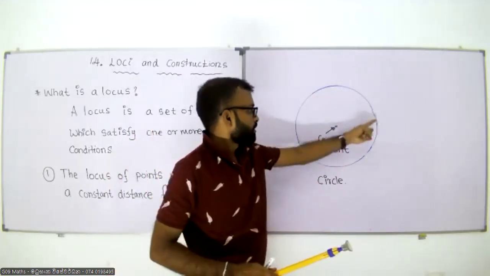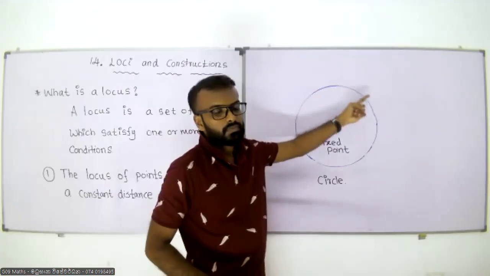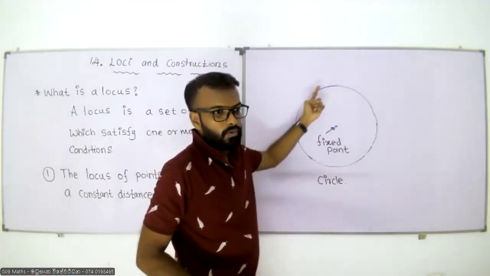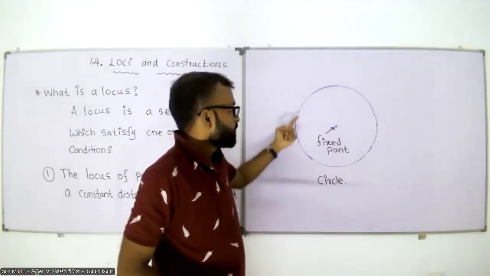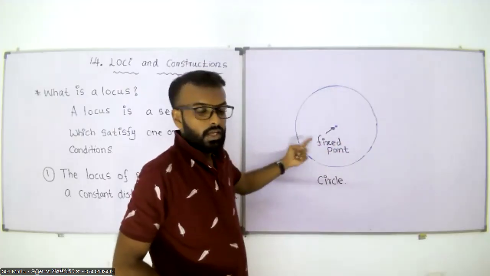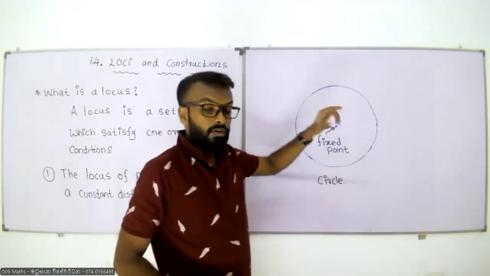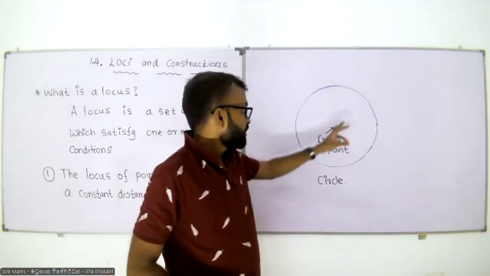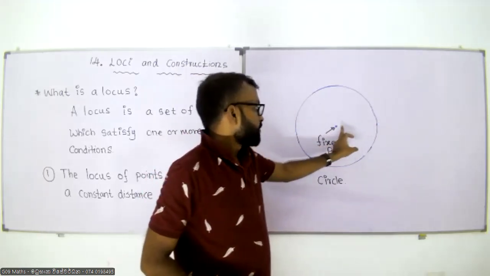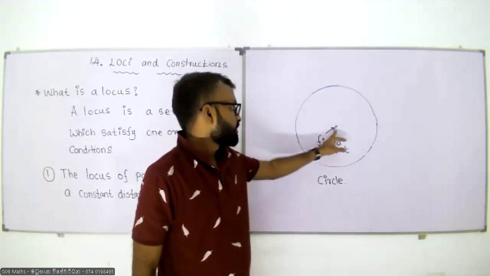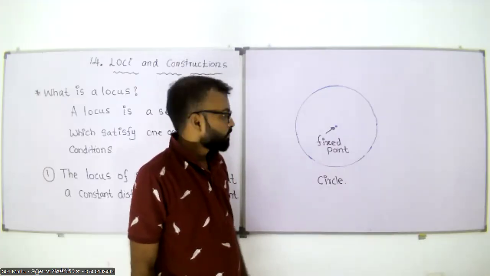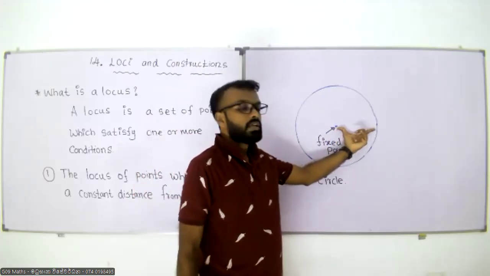This is the set of points. Infinite number of points are there, everywhere. Together they make a circle, equidistant from the fixed point. So this distance is called the radius.